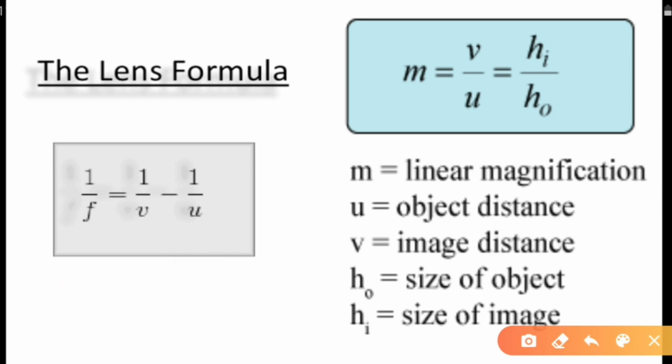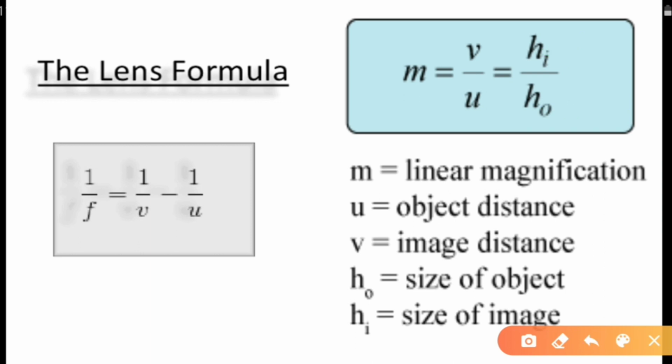Now see the magnification. Actually, magnification is the ratio of image distance to the object distance. In other words, we can say with the help of this formula that magnification is the ratio of the size of the image to that of the object.